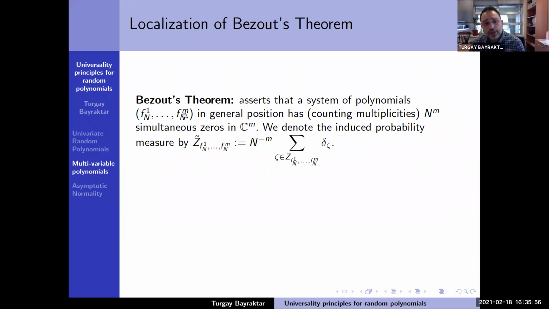So these are all chosen independently, and now this forms a system. Then I look at the simultaneous zero locus of this system, which I denote by Z(f1 through fm). I know that under this condition I have n to the m of them, so I divide to make it a probability measure.